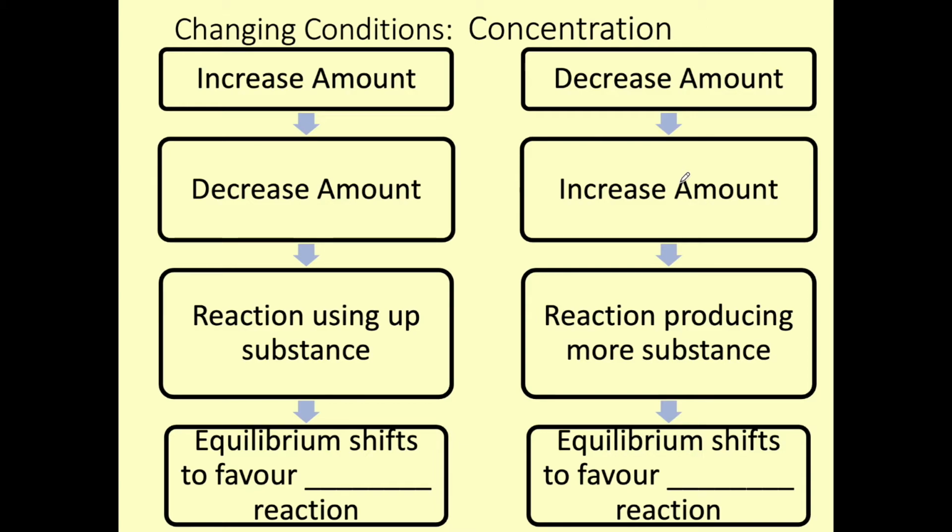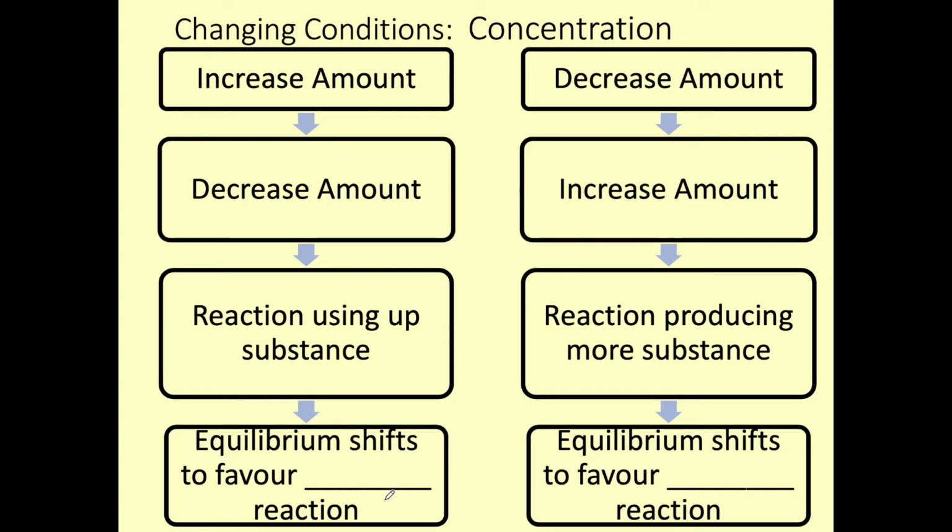We can also consider changing conditions such as concentration. So we talked about adding substances or removing substances. So if we add something, then the equilibrium will look to decrease that substance. And the way it will do that is by using up that substance, so by favouring the reaction that uses up that substance.